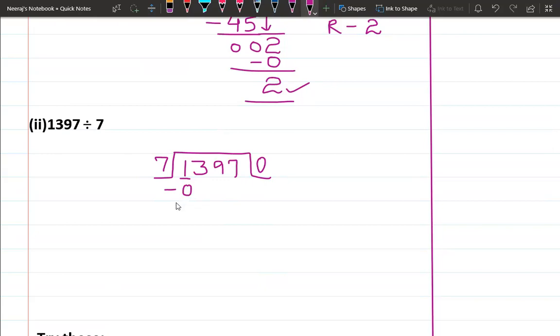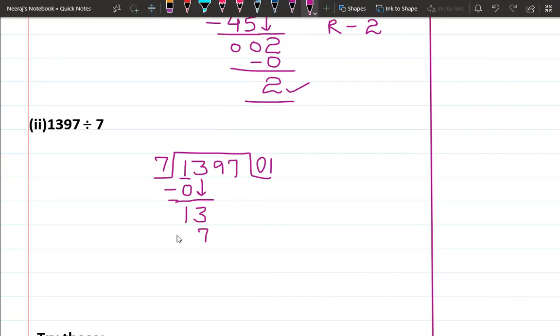Now you have to subtract so that you get the remainder. So 1 minus 0 will be 1. Then you bring down the next digit. It will be 3. So now it is making 13. Now we'll divide 13 by 7. 7 twos are 14. 14 is bigger than 13, so it will go with 1. 7 ones are 7.